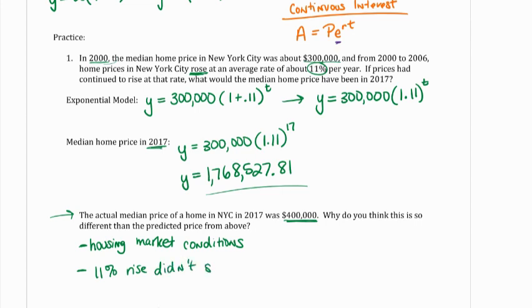It changed for some reason. And again, like we talked about before with the linear model, this model might fit well for several years. Then if that 11% per year changes in any way, it's going to change the price of the houses, right? So obviously this percentage decreased in this case if the price was actually 400,000.